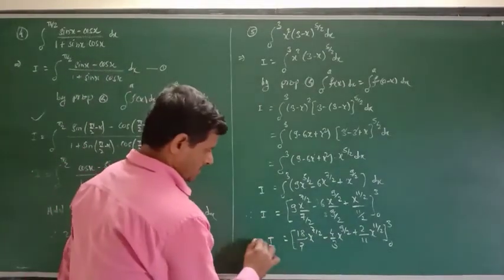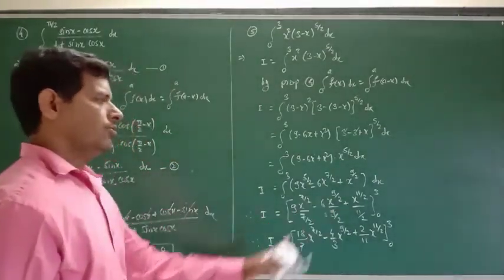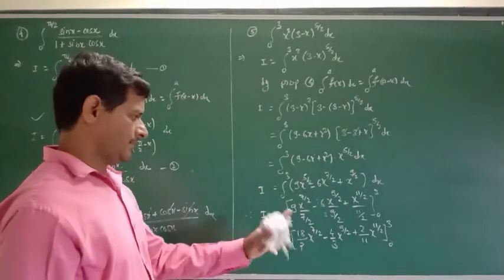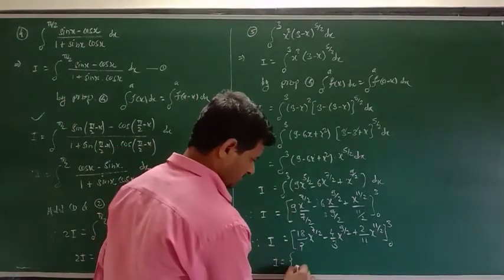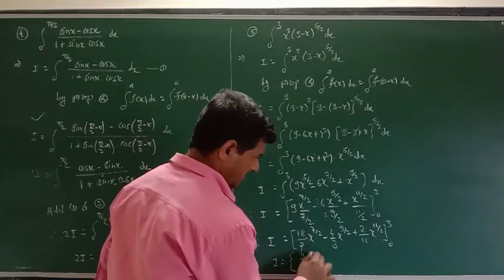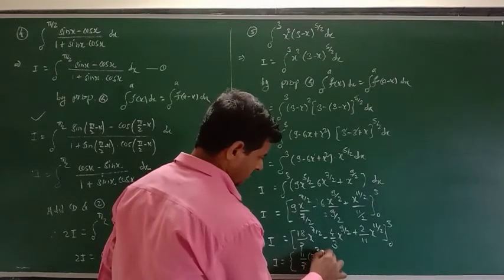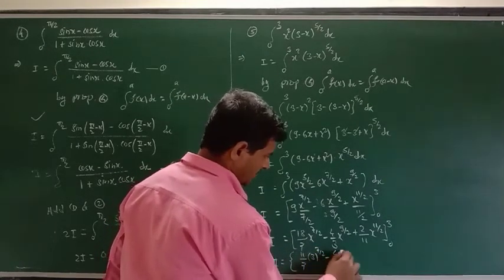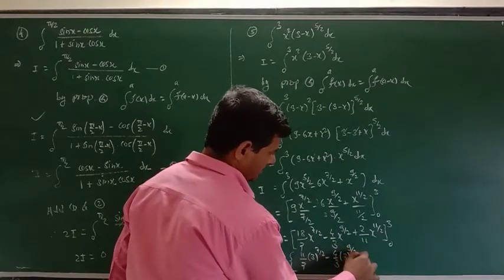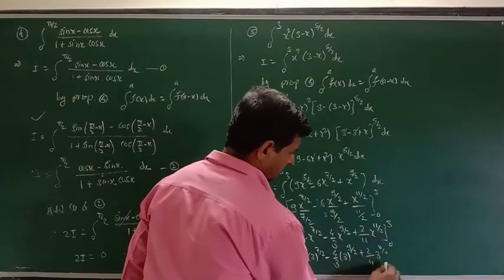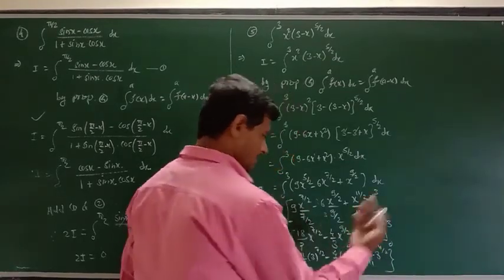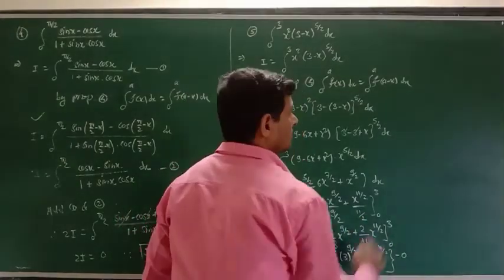Okay. Now see, what is the value of this definite integral? Put upper limit minus lower limit. So I is equal to 18 by 7 into 3 raised to 7 by 2 minus 4 by 3 into 3 raised to 9 by 2 plus 2 by 11 into 3 raised to 11 by 2 minus 0. Okay.